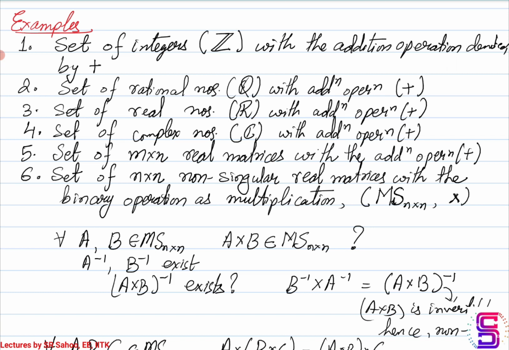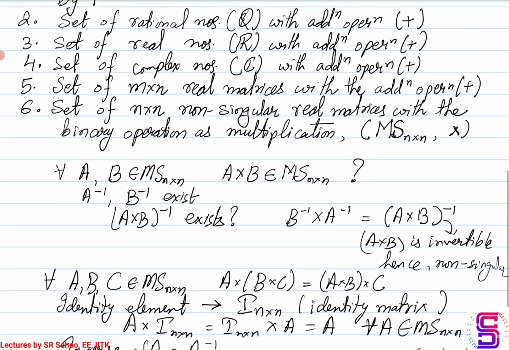So the inverse of A multiplied with B exists, which means A multiplied with B is invertible, and hence the closure property has been satisfied. Please note that we didn't have any specific choice as far as A and B were concerned. A and B can be any two matrices from the non-singular set, and hence the closure property has been satisfied.